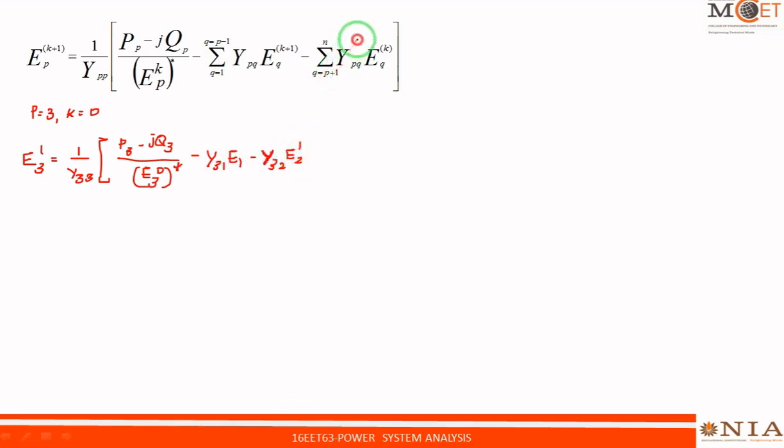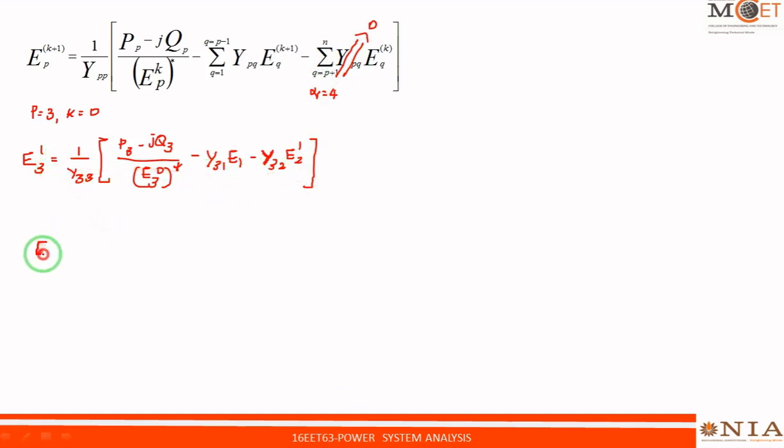The second term of the general expression will not be valid because when I put p equal to 3, q becomes 3 plus 1, that is 4, and a fourth bus is not present. So this is the expression for E31.